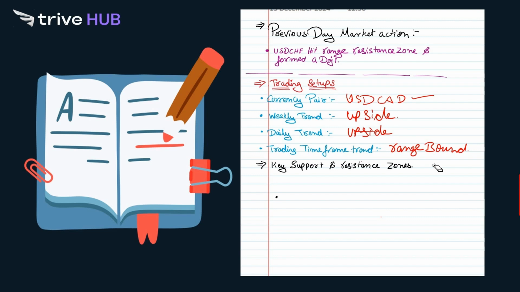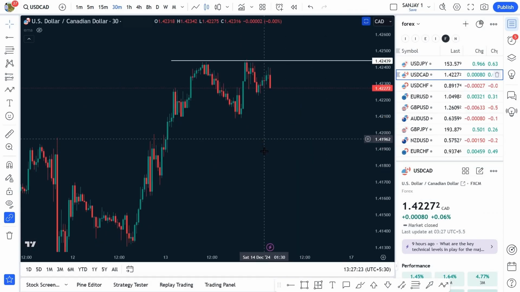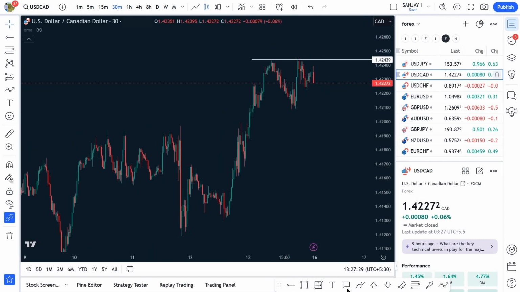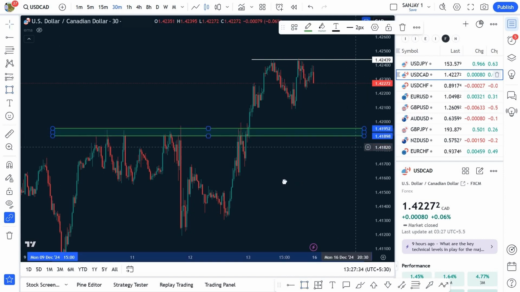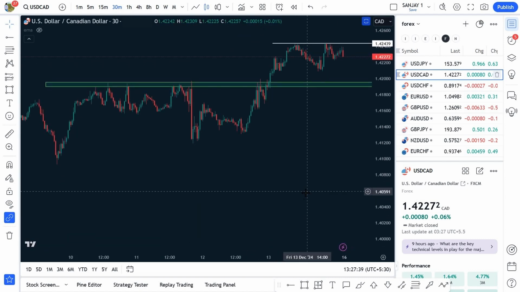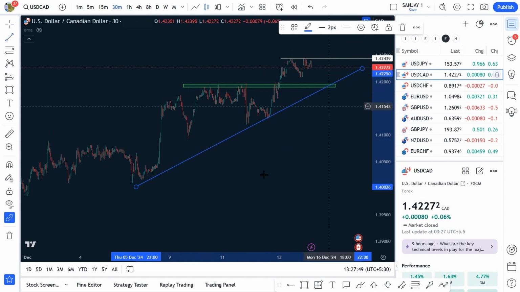Next you have to identify key support and resistance zones. So go to TradingView again and mark out some good support and resistance zones. The obvious zone I am looking at is this previous swing high. And on the minor time frame, if I just use a trend line, you can draw it like this.